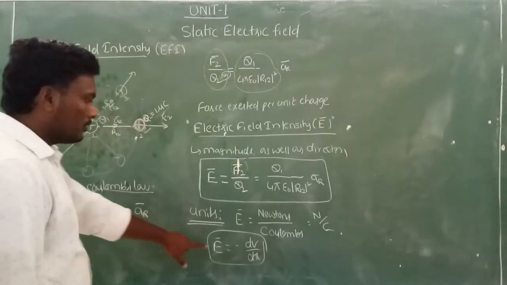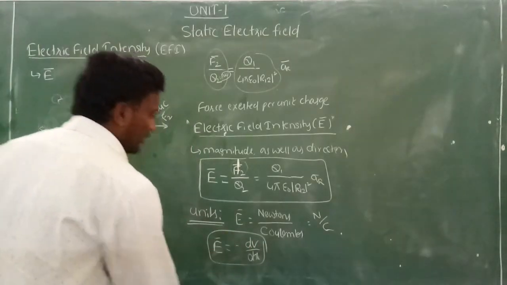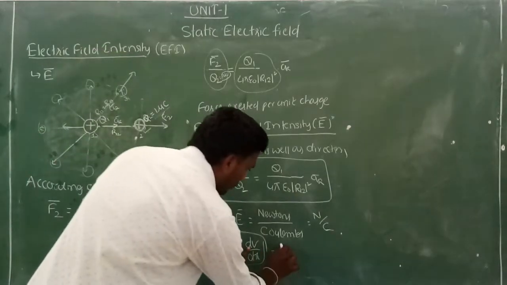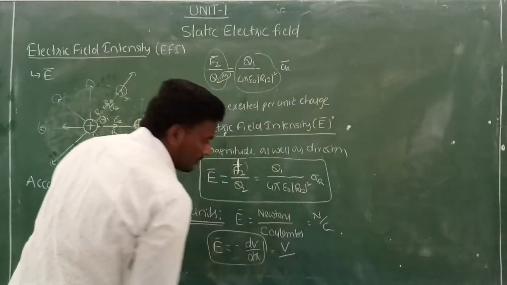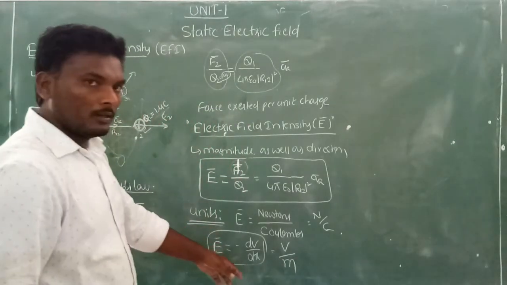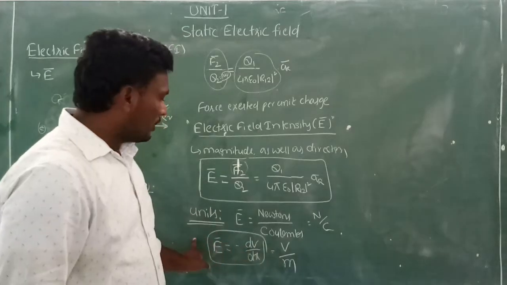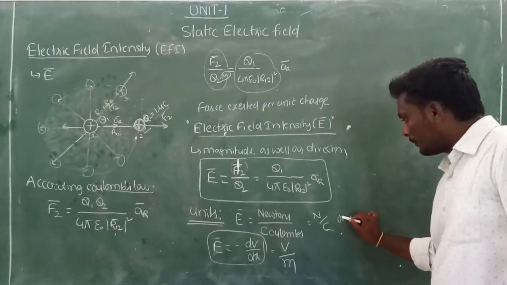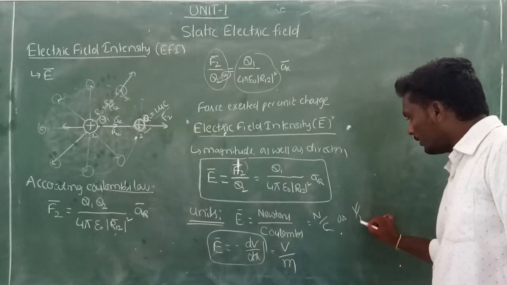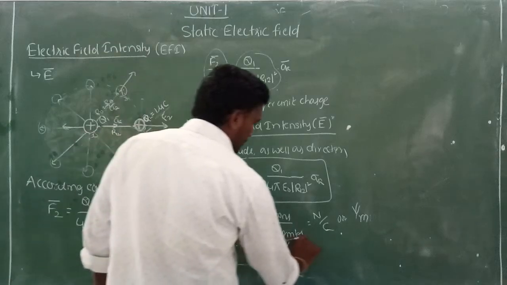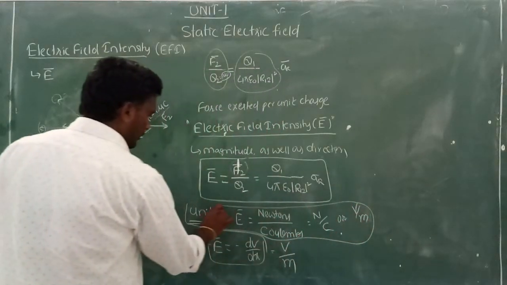According to this expression, the units of voltage are volts and the units of distance are meters. So newton per coulomb or volt per meter are the units of electric field intensity.